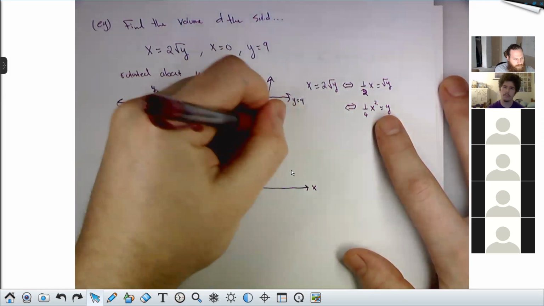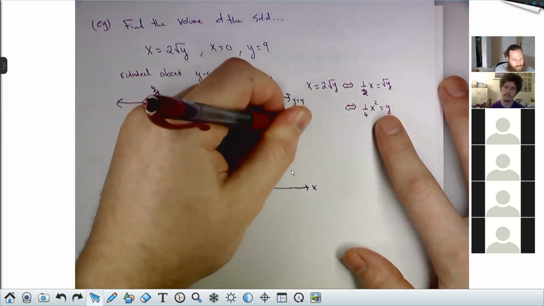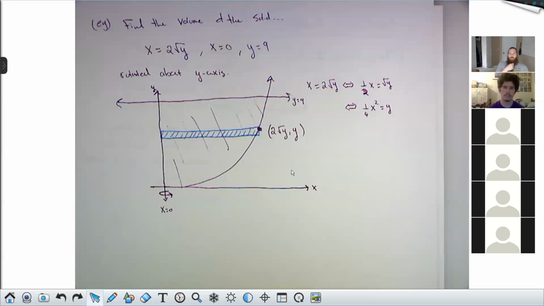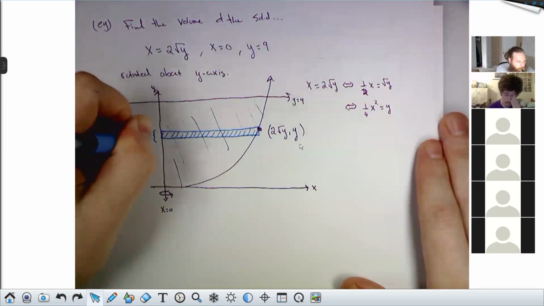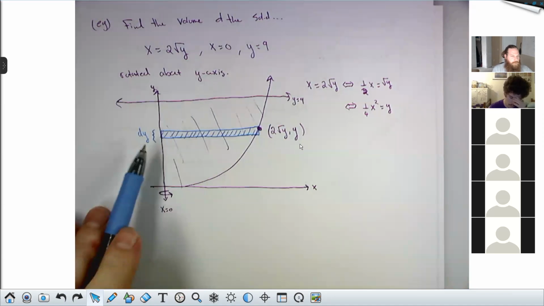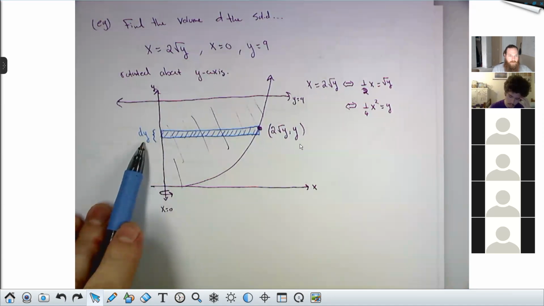So I would write this as 2 square roots of y comma y, rather than x comma 1/4 x squared. This equation tells me that the x value along that curve is 2 square roots of y, and I'm thinking of y as being my independent variable. We need to do this because the thickness of my strip is a dy thickness.